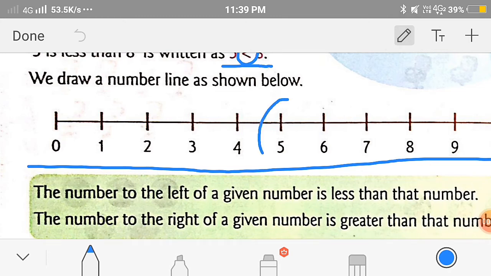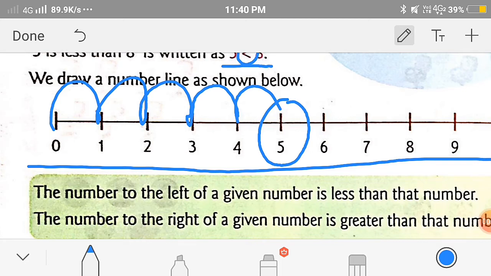Let's take 5. So the number is 5 and we will see the numbers left to 5. Let's see. The numbers are 4, 3, 2, 1 and 0. These all are the numbers that are to the left of 5.